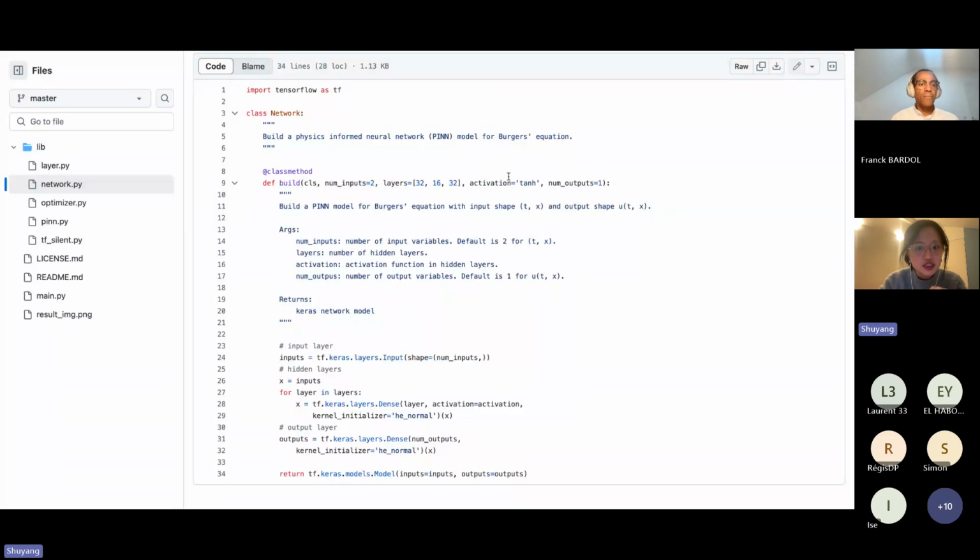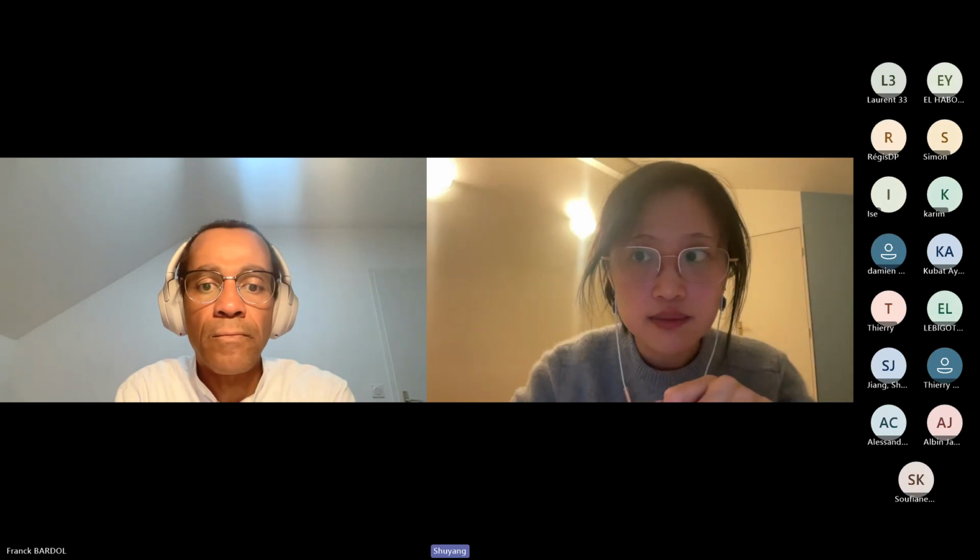And the activation function is defined like this. This neural network takes an input of 2 dimensions, representing the time variable and the space variable, and outputs 1 dimension, which is the solution we want to approximate. It has 3 hidden layers inside. So, back to the slides.